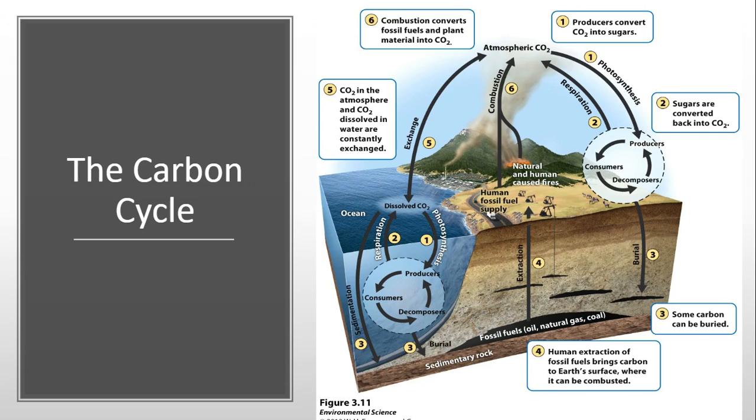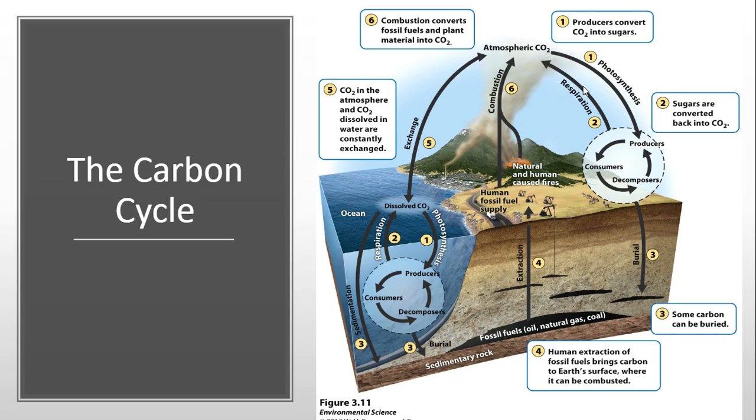Well, we know that our atmosphere is going to be a source of CO2. We can see many different arrows pointing towards the atmosphere here. We know that plants or photosynthesizers in this case are going to capture that CO2, change it into glucose, use it as food, as well as produce that CO2 via respiration.